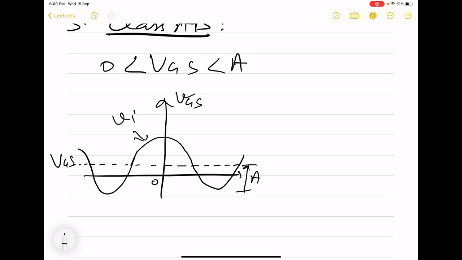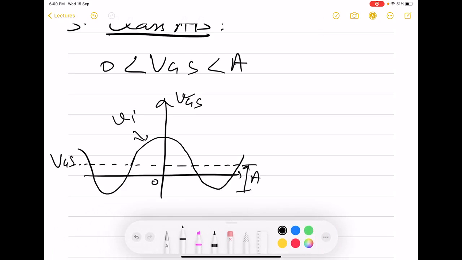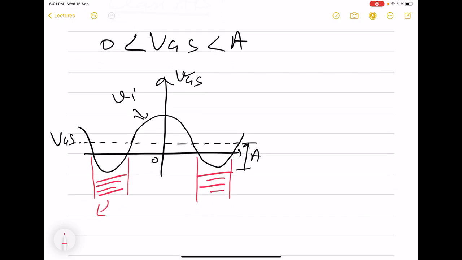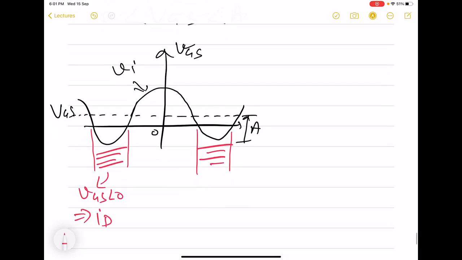So in this case, we can see that the input is negative for this portion. So here the total VGS is less than the threshold, so this will imply ID is 0. However, for this portion, VGS is greater than the threshold. This implies ID will be non-zero.